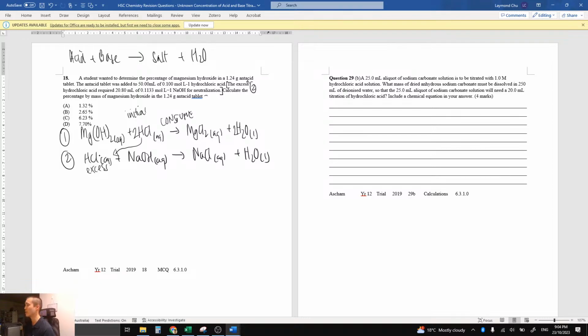So for our second equation, what can we work out from that? We've got the excess hydrochloric acid requires 20.8 mL of 0.1133 mol per liter NaOH. So we can work out our NaOH moles: 0.0208 liters times 0.1133 mol per liter. What does that become?